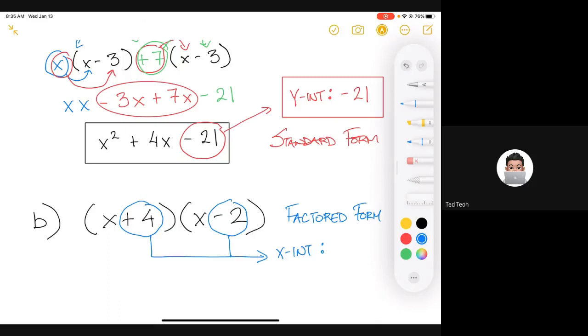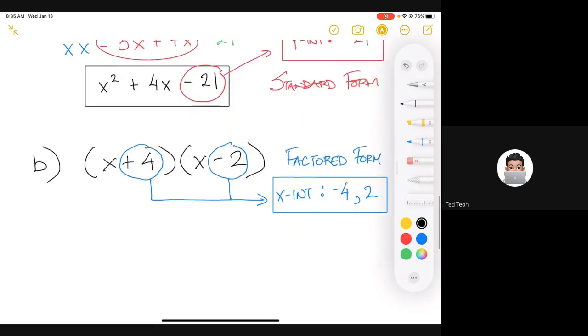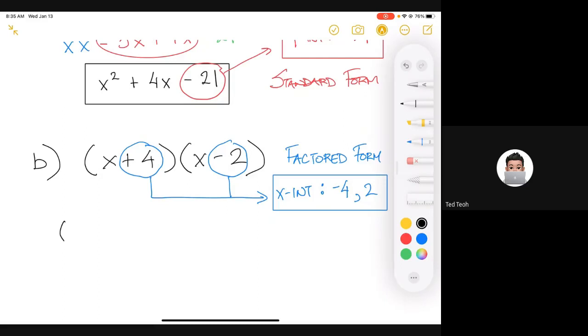So the x-intercepts for this question are going to be negative 4, opposite sign, and positive 2. Those are my x-intercepts. To find out the y-intercept, I have to expand and simplify the question. It seems like a long process, but that's what you have to do.